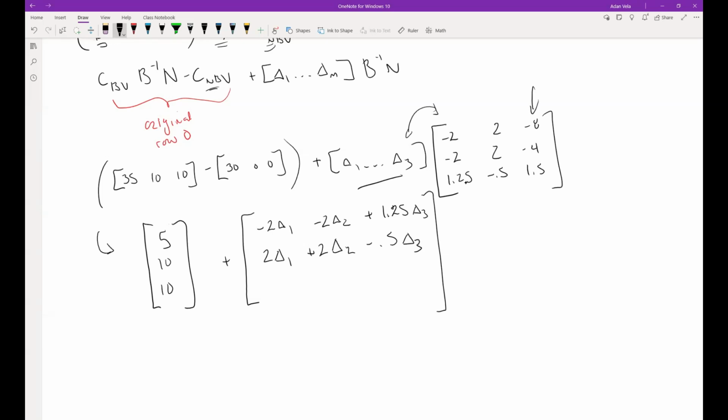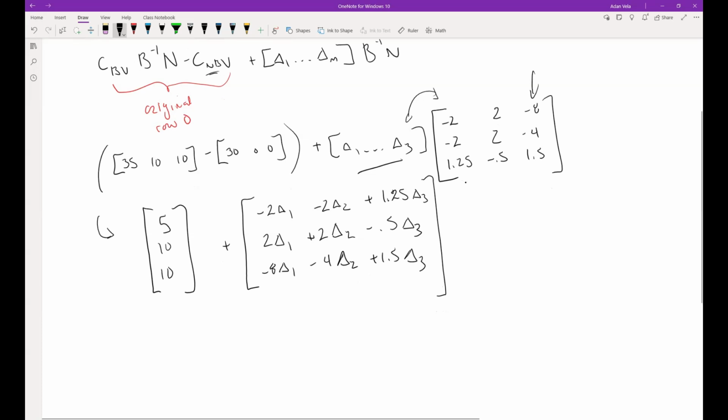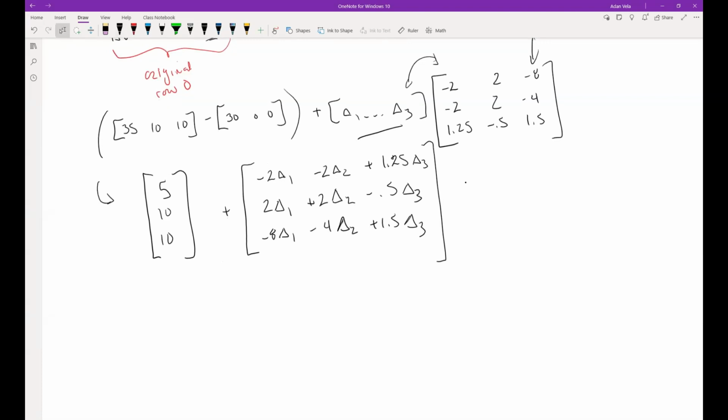So we have minus 8 delta 1, minus 4 delta 2, plus 1.5 delta 3. So we're going to have 3 values that we're going to want to check. And again, we're only interested in changing values corresponding to our original decision variables.